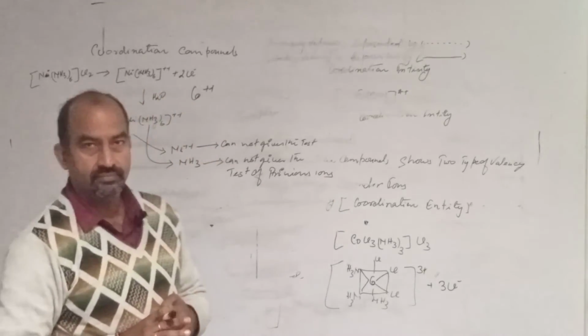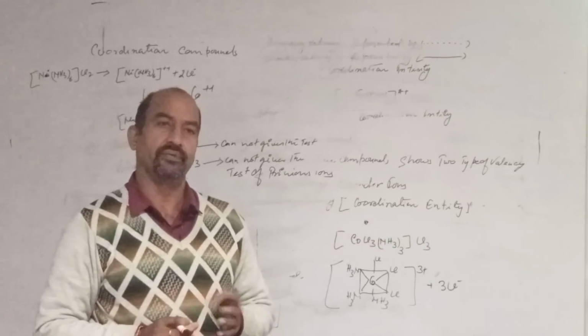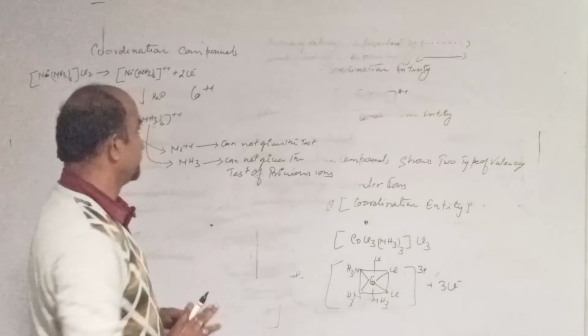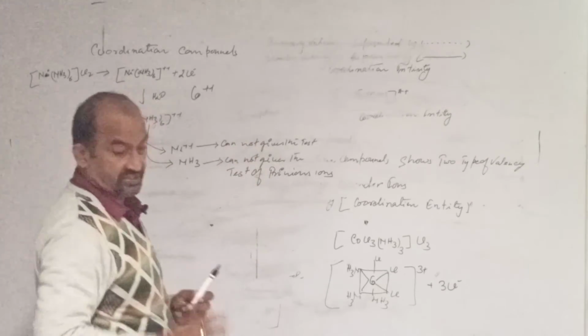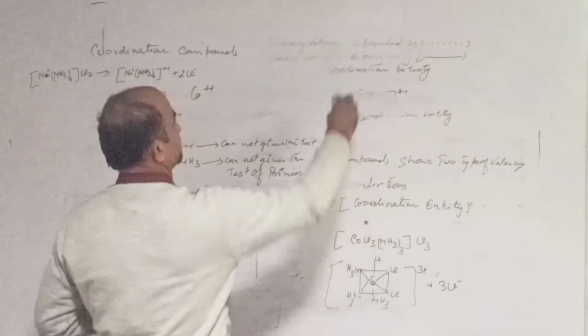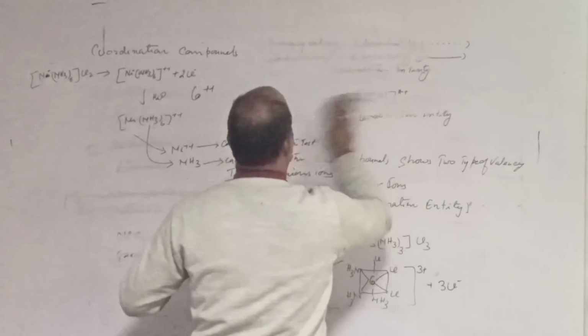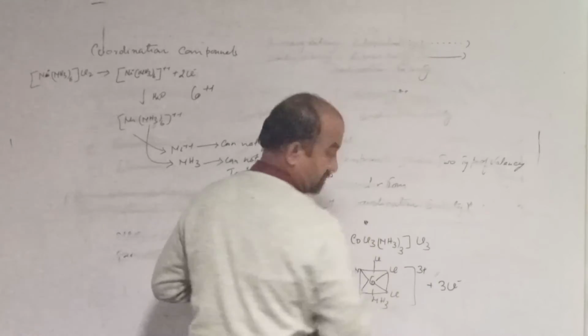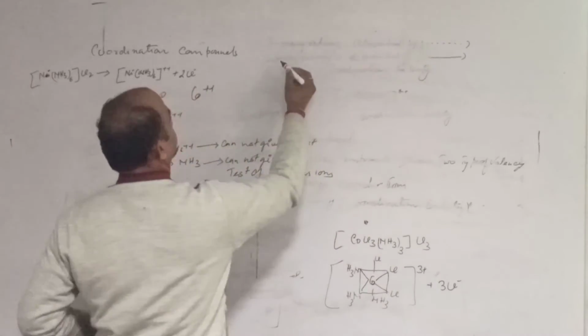Once a coordination compound is formed, it cannot give the test of previous ions. But in case of a double salt, it can give. Double salt, what are double salts? At first, you know what double salts are.